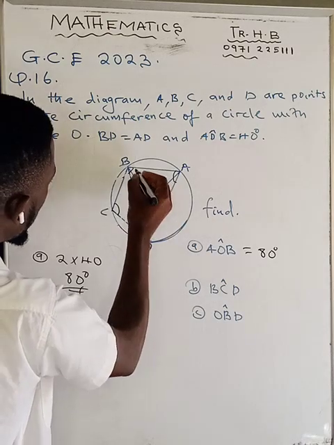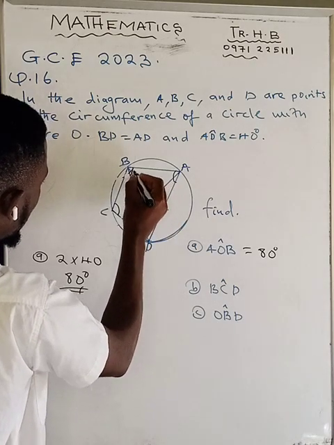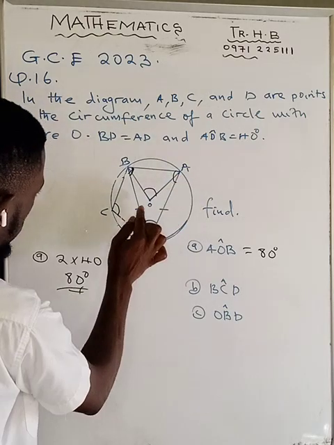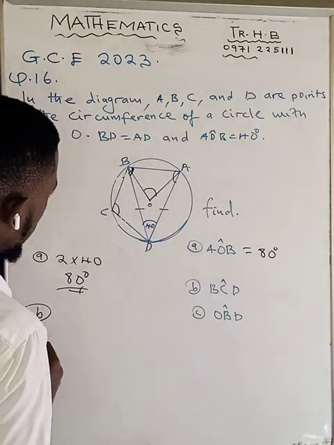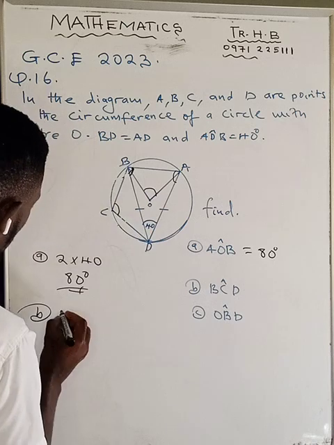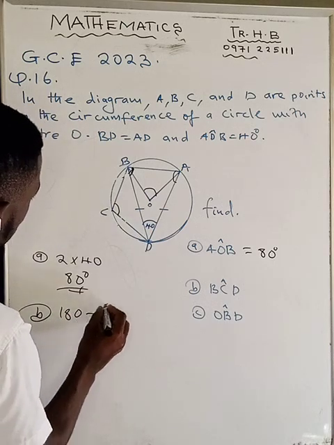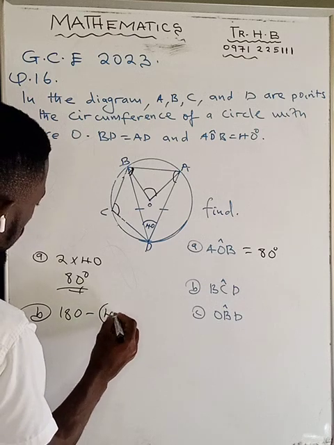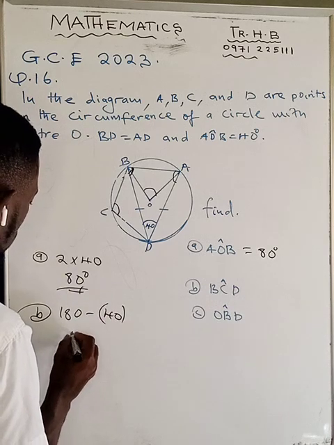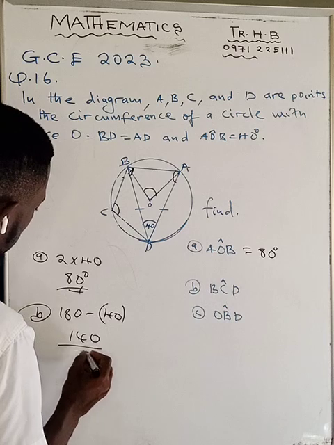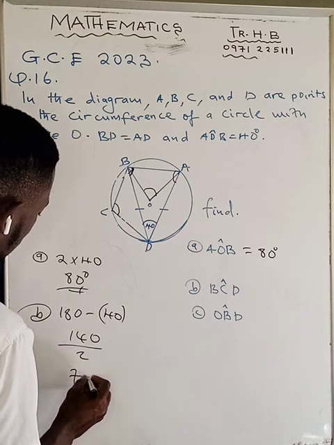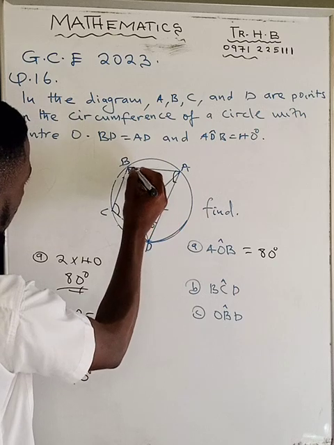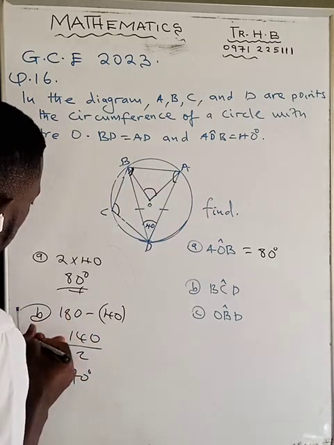Now, because we have been told that we are dealing with an isosceles triangle, if this is 40, then we can say 180 minus 40, we are getting 140. And if we divide 140 by 2, we'll get 70 degrees. So the angle at this point is 70. Even here, it is also 70 degrees.